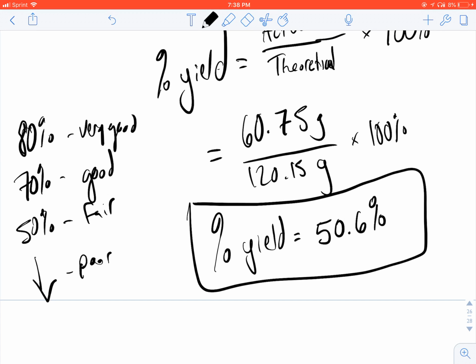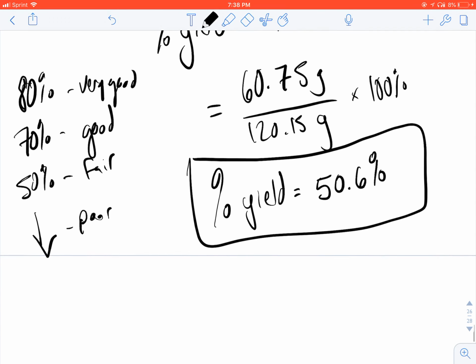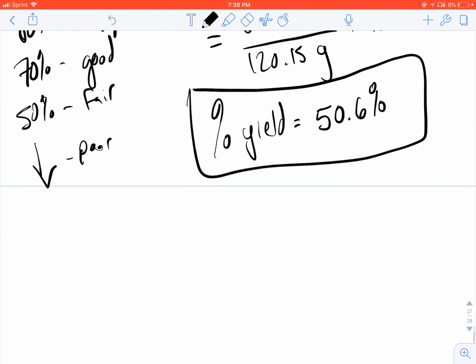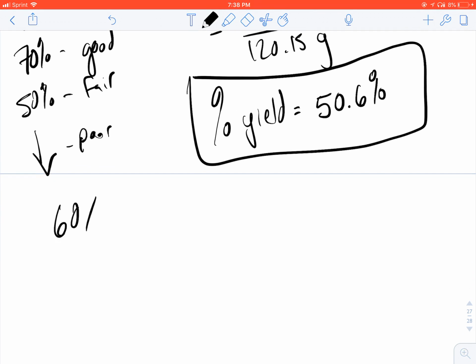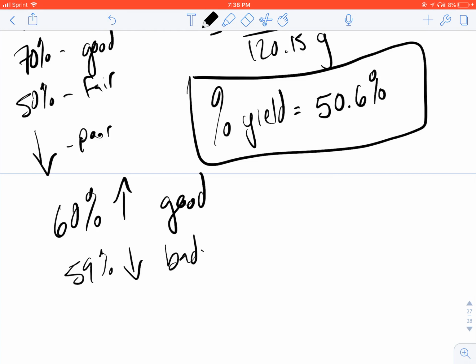Now, these are just some percentages that I found online. In different textbooks, it might change. Typically, I'll see probably a 60% cutoff, which is what I remember from the book I was using in my class. 60 and above, good, and 59 and below, bad.